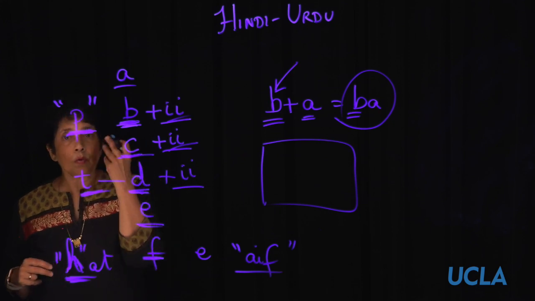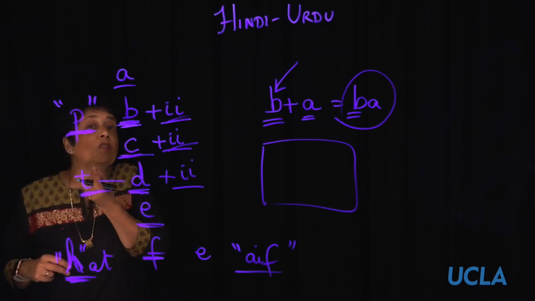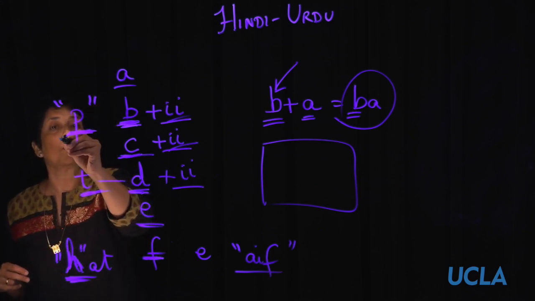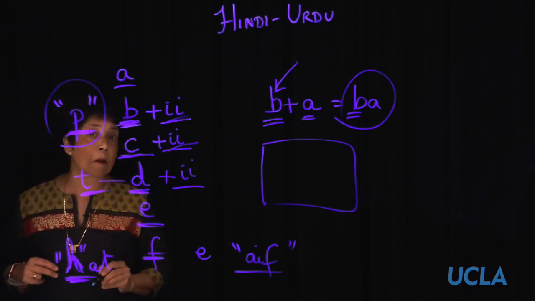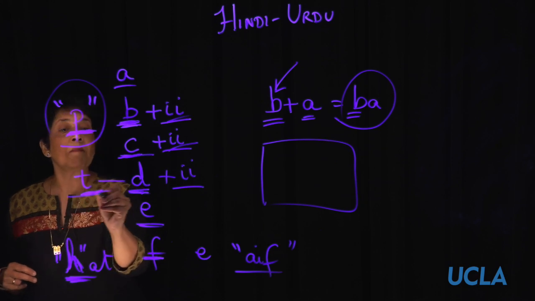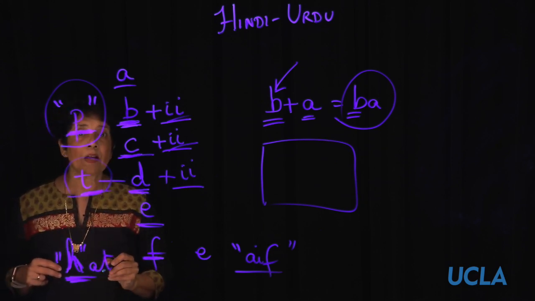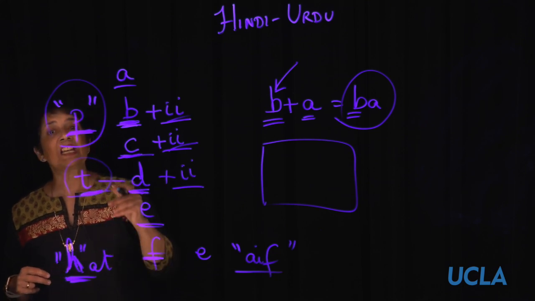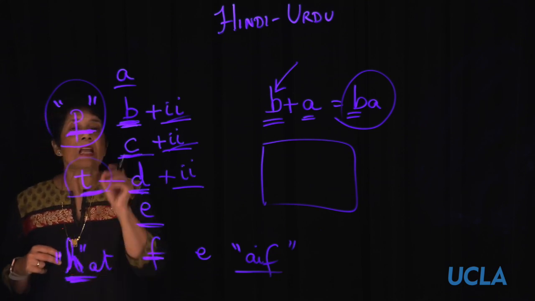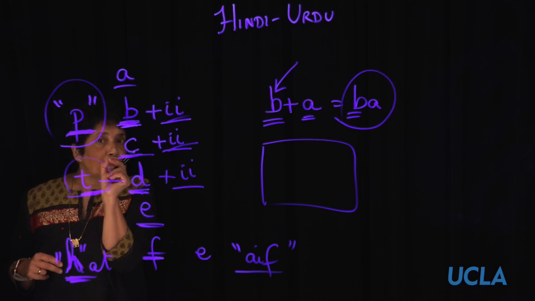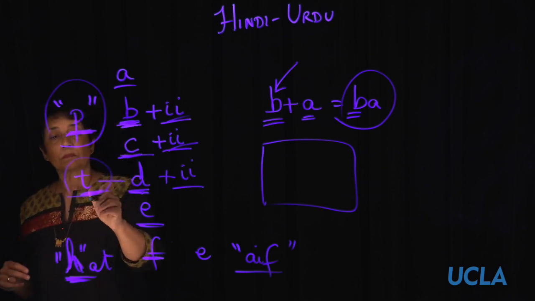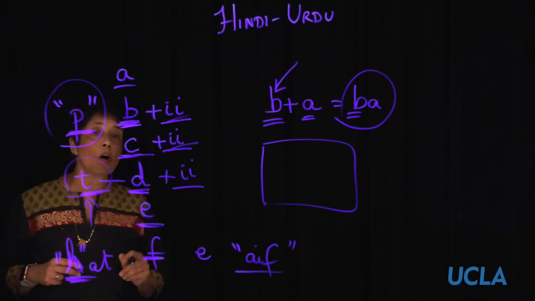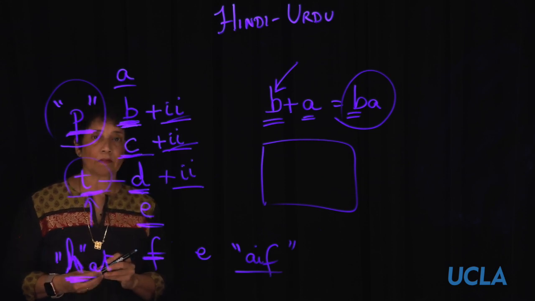Do you notice that there is a burst of air accompanying the production of this consonant, pa? Similarly, Tom, talk, take, tip. There is a slight burst of air accompanying the production of this consonant.